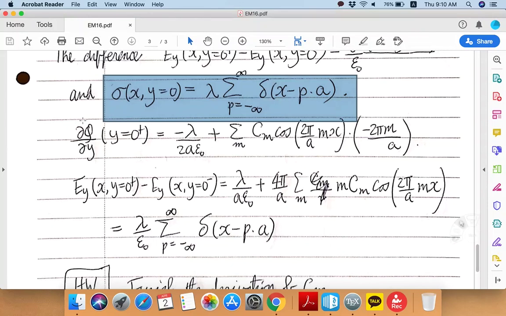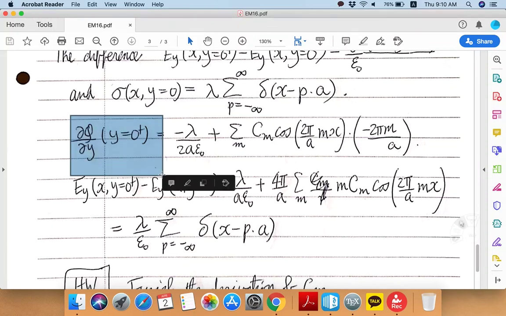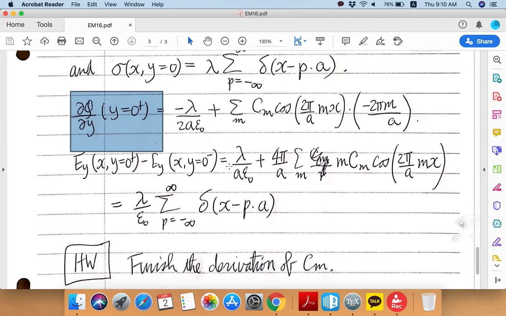Okay, so now we're finally ready to take some derivative and evaluate the derivative when y equals positive 0 from the positive side, and also when y equals 0 from the negative side. But it's not really necessary to compute these derivatives separately at y equal to 0 plus and y equal to 0 minus, because they are, after all, the same value except for the change in the sign.